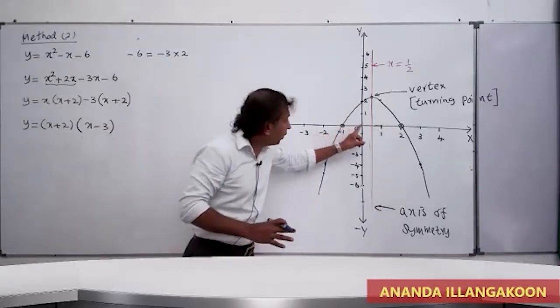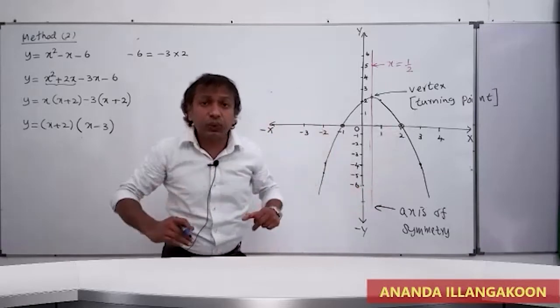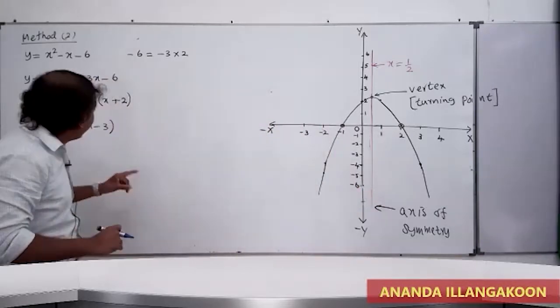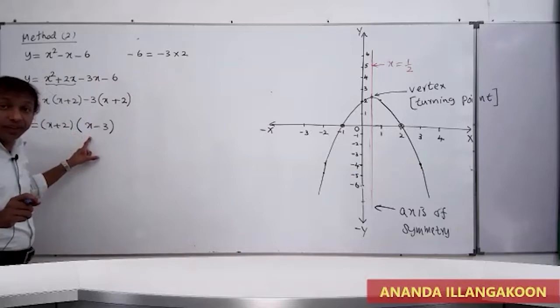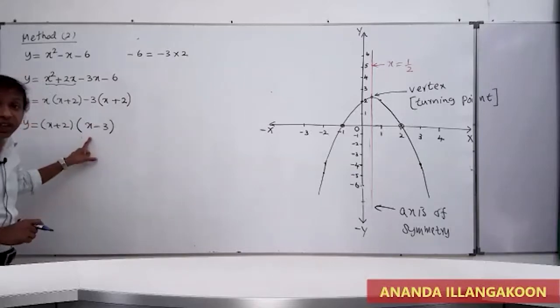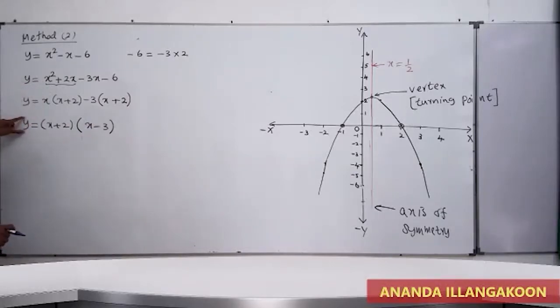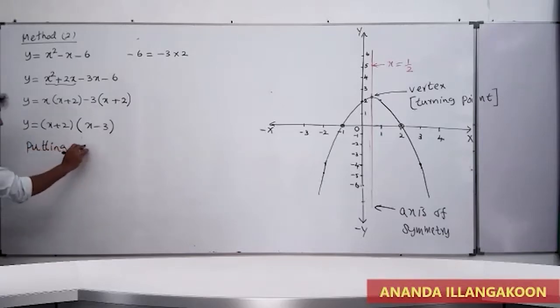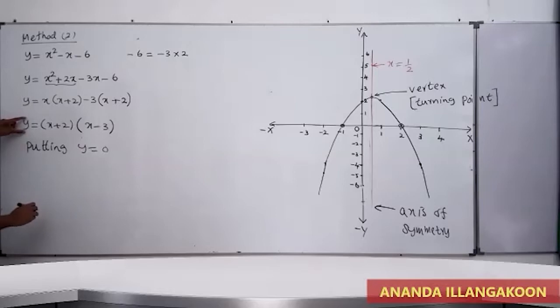Therefore, after factorizing like this, to find the roots, what you need to do is put y equals 0 and find x of the resulting equation. What do you get when you put y 0?